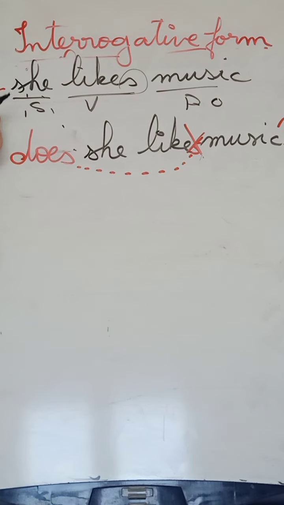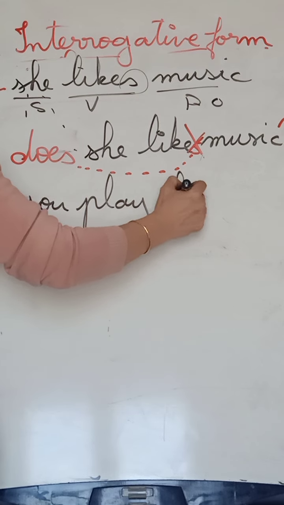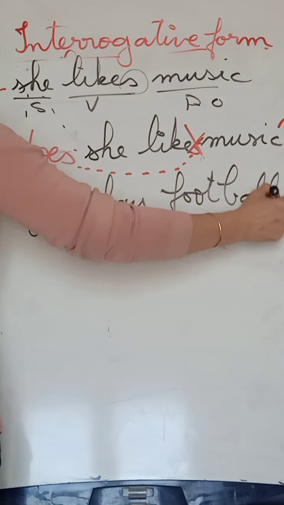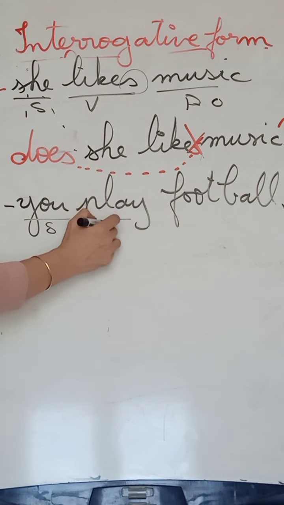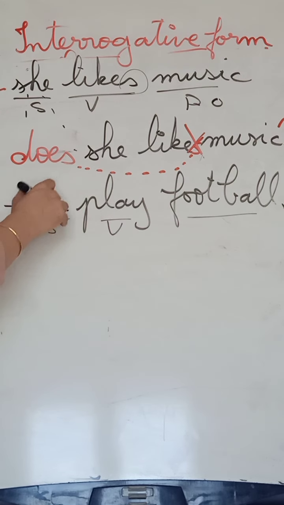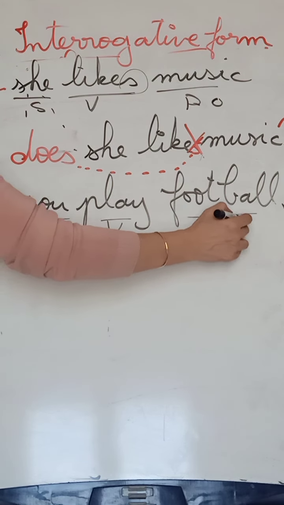Here I have another example, just to show you how to formulate the interrogative form of a sentence. For example, you play football. This is the affirmative form. This is just an example, okay? Here we have got the subject, verb, you play what? You play football, so it's direct object.